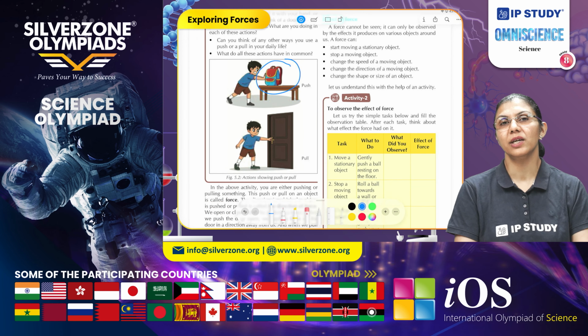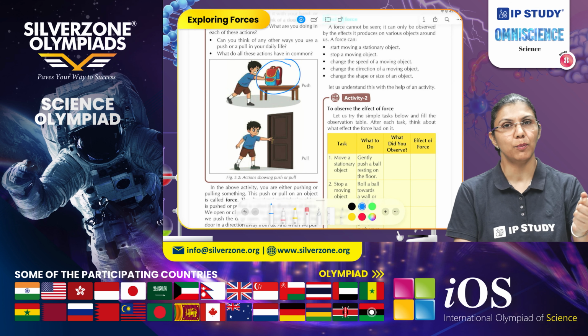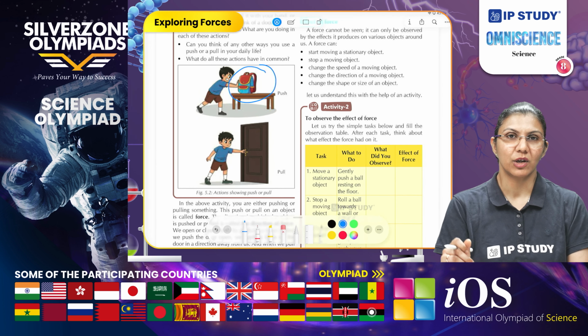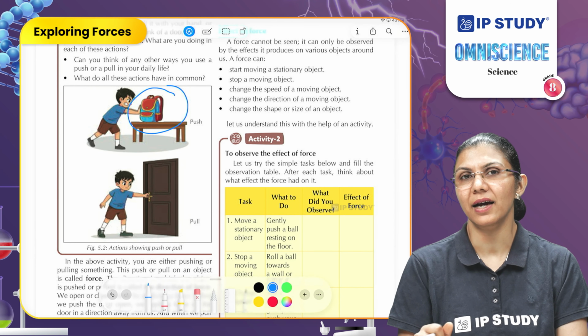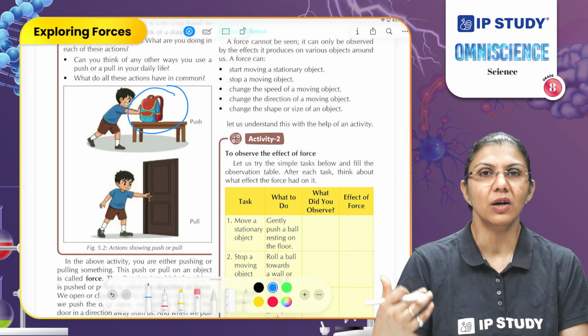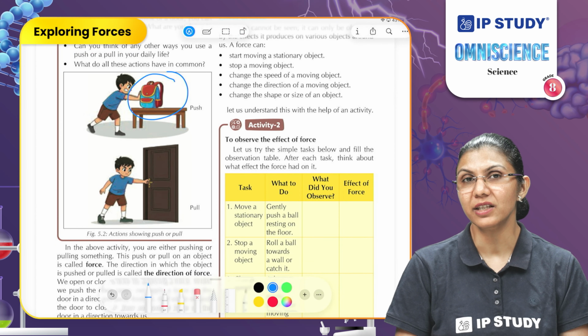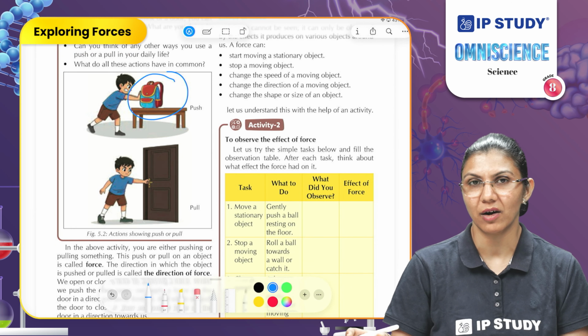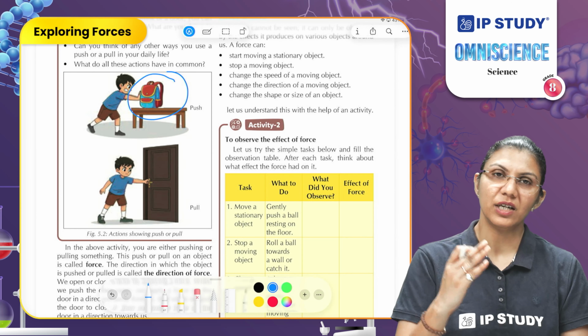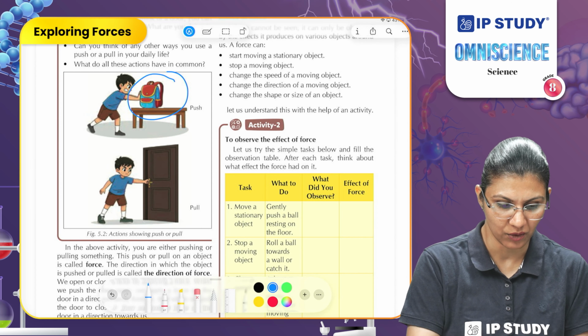Similarly, you can open the door by pulling the handle. You can pull the lever in the handle and open the door or close the door. So, in both the actions, we are changing the position of the object. While pulling and pushing the door as well, we are changing the position of the door.